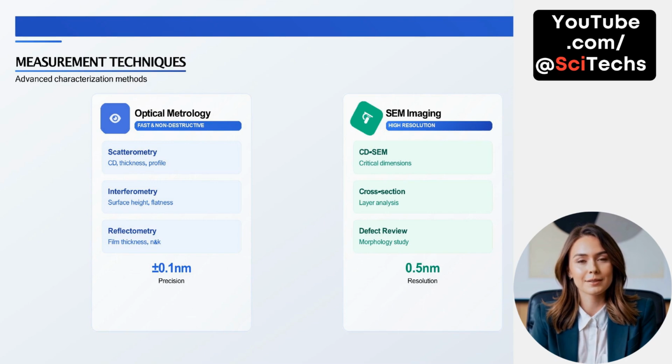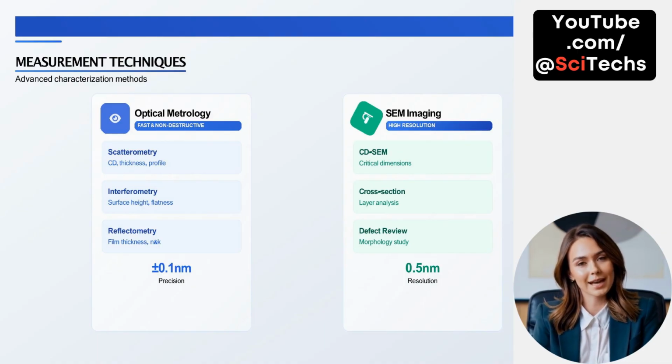Measurement techniques. Advanced characterization in semiconductor manufacturing relies heavily on precise, high-resolution measurement techniques. Optical metrology is a fast, non-destructive method commonly used for rapid assessments. It includes scatterometry, which measures critical dimensions, film thickness, and surface profiles using light scattering patterns.